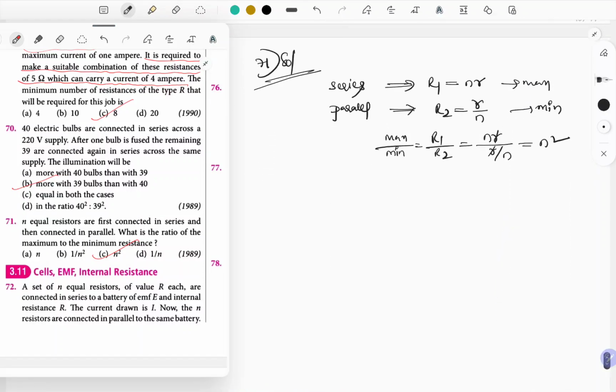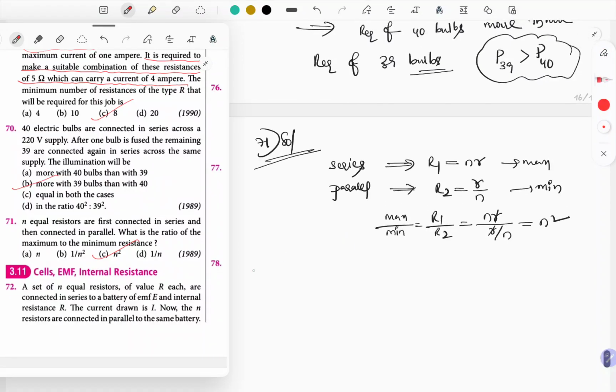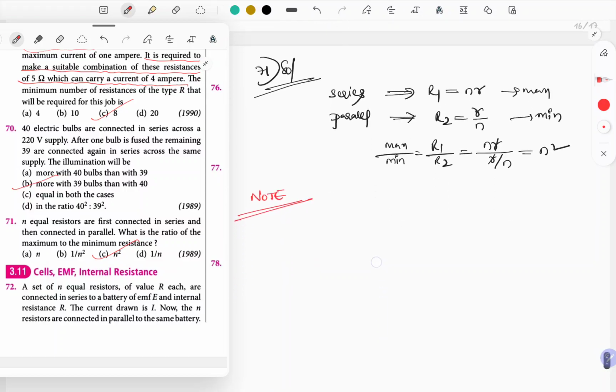Got it? Next topic is based on EMF, cells and internal resistance. Before going into that, I would like to give a small note about a cell. Just observe this. So a cell is a combination of EMF and internal resistance.